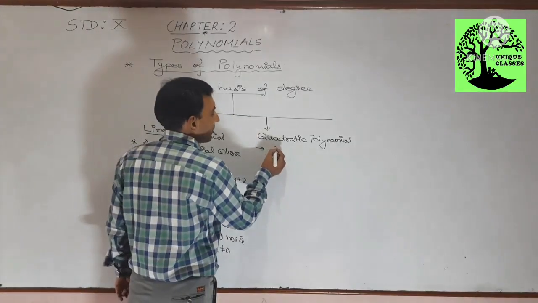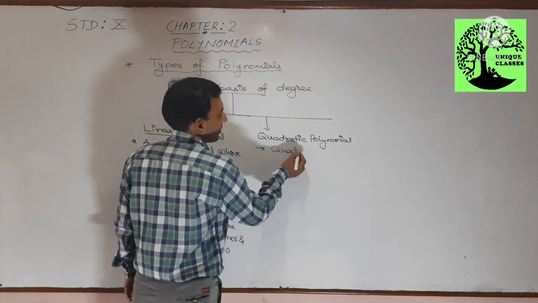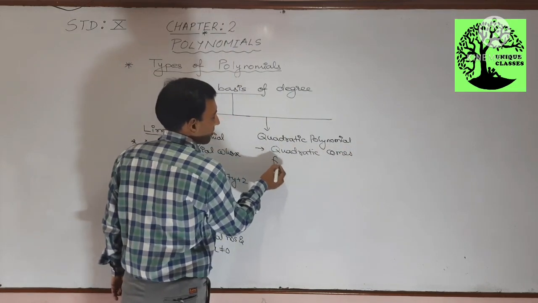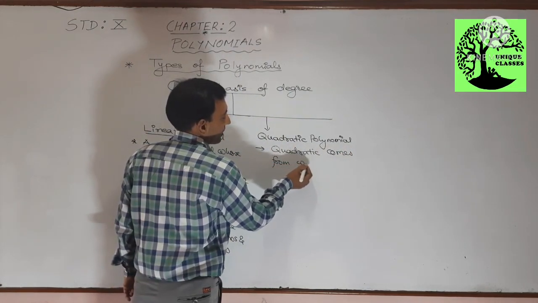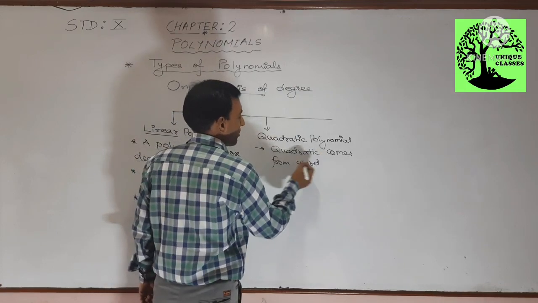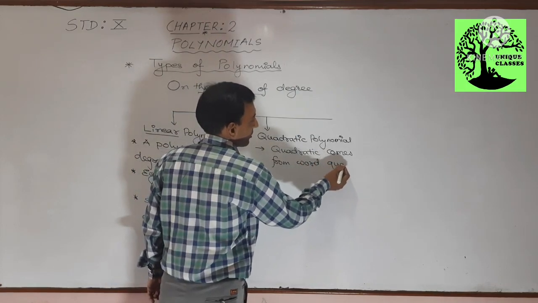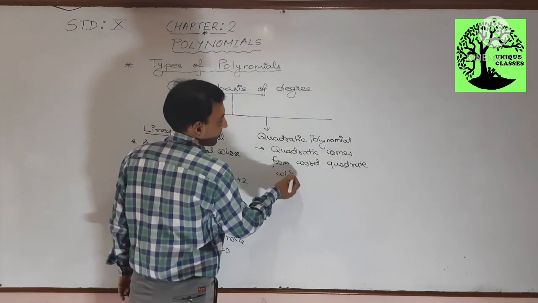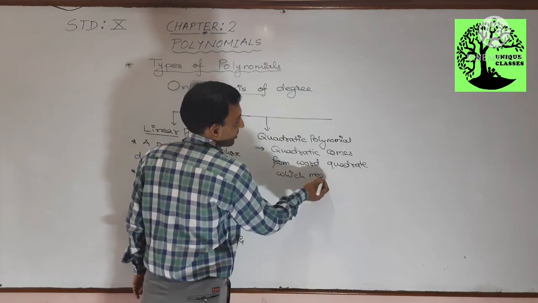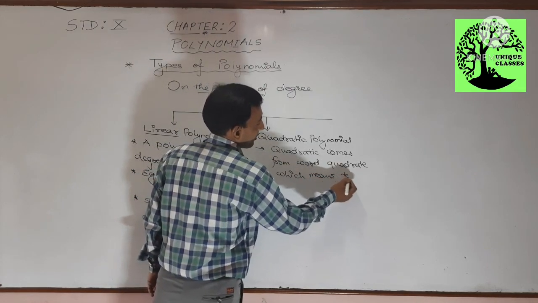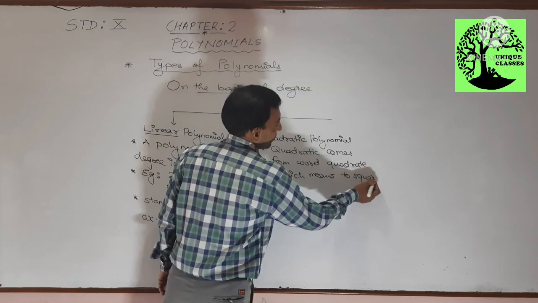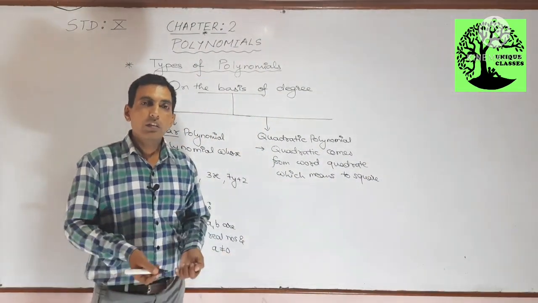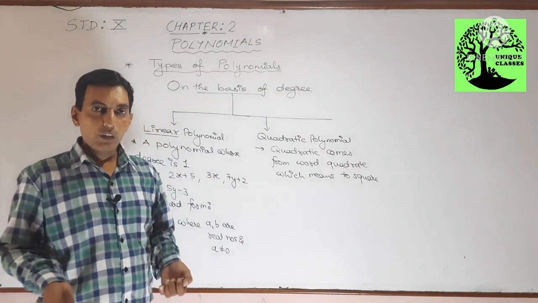The reason is, student, the origin of this word comes from the word quadrate, which means to square. Yes, that is square, and you know square is nothing but what? It's a radical sign, the power is 2.